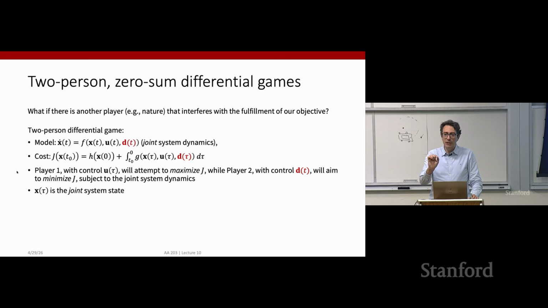Now, what's interesting, and here is when you have to apply your brain, is that the problem, as described here, is not fully specified. Meaning, what type of information does player 2 have access to in order to respond to what you do? And there are a few formulations.